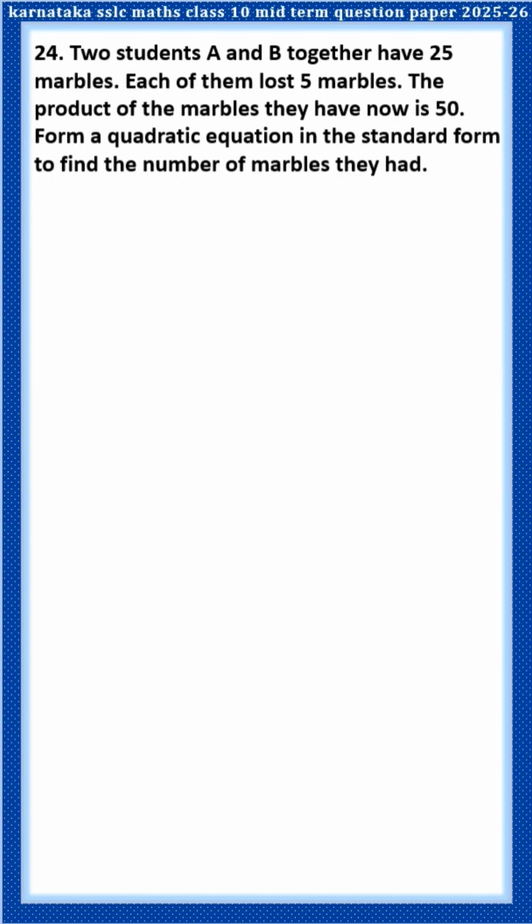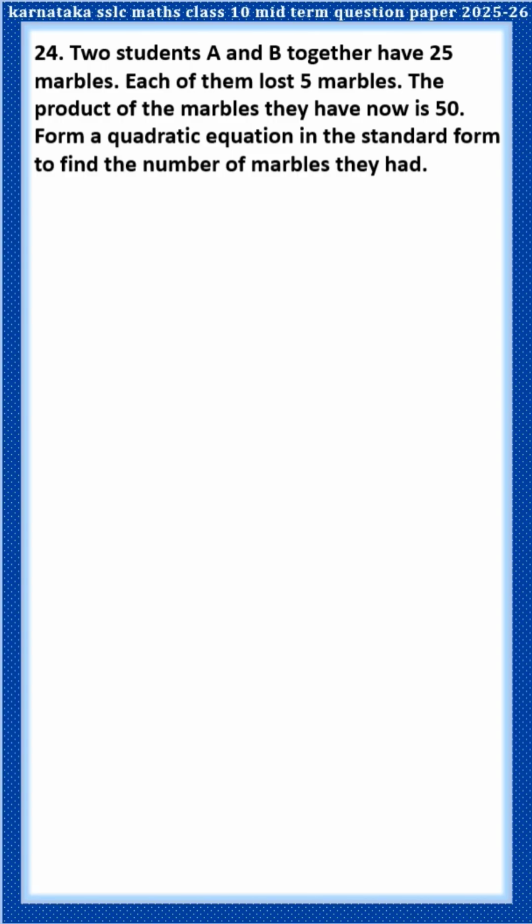Now the 24th question, 2 marks question of Karnataka SSLC Maths Class 10 midterm question paper 25-26. Two students A and B together have 25 marbles. Each of them lost 5 marbles. The product of the marbles they have now is 50.